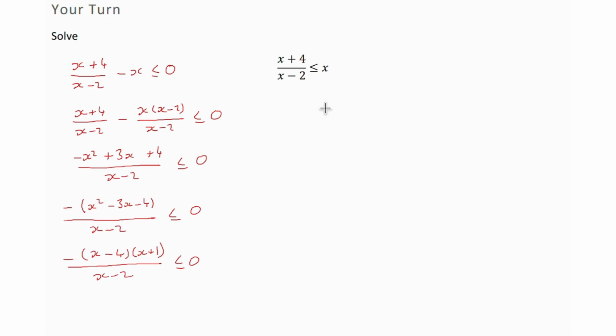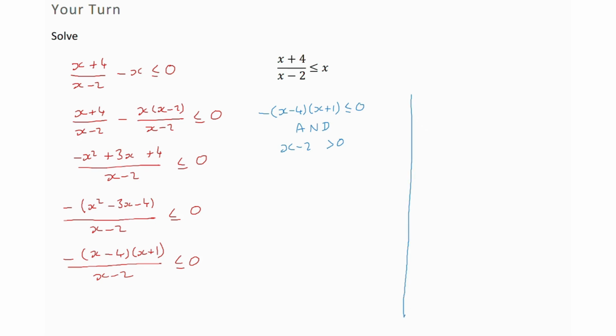Now I'm going to look at the two different cases. If this fraction is negative, then there are two possibilities. Either -(x - 4)(x + 1) is negative, and then the denominator, x - 2, has to be positive, where the numerator can be equal to 0, but the denominator can't.